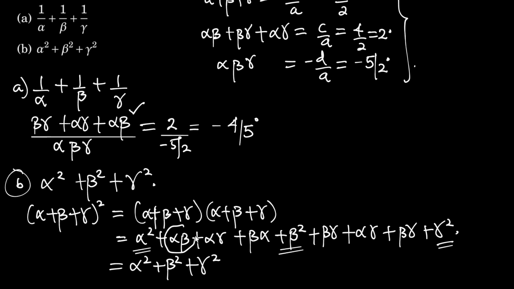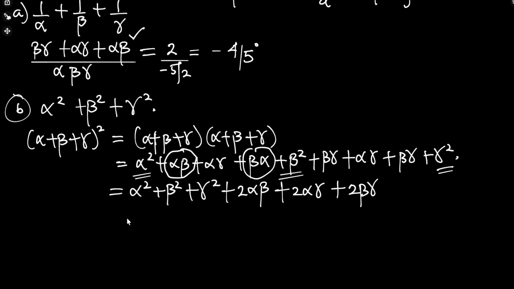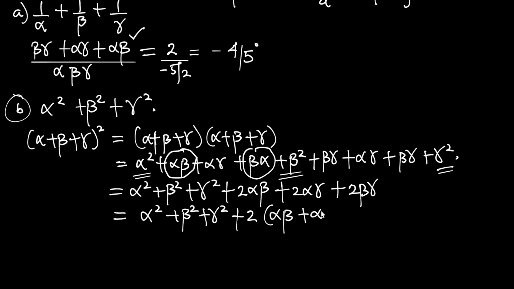And we have alpha beta and beta alpha, which are literally the same, so we can sum them up as 2 alpha beta. The same thing goes with alpha gamma, so we have plus 2 alpha gamma. And lastly, the same goes for beta gamma, so we have 2 beta gamma. Well, that's it. So this becomes alpha squared plus beta squared plus gamma squared plus 2 times alpha beta plus alpha gamma plus beta gamma.